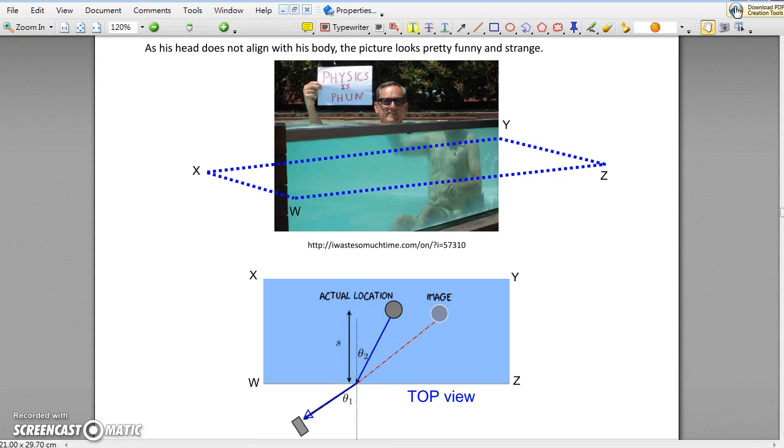And then we can see there is a virtual ray that points backward. Similarly, we may draw another light ray which also bends away from normal, and then we produce it backward to find the image position. You can see that the image is on the right, and that's why the body of this man moves to the right, because his body is under water.